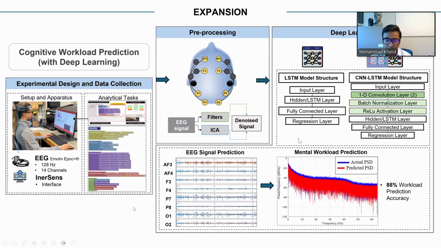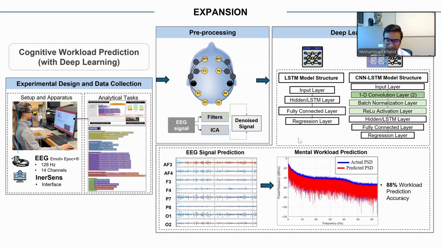We took all these models, we denoised all this data, and then we took the help of deep neural networks. We used LSTM models and convolutional neural networks to the point where we could actually train on all this EEG data so that these models can detect even before the cognitive workload occurs. Because it's important: once the cognitive stress or overload has occurred, that's when you're supposed to make mistakes.